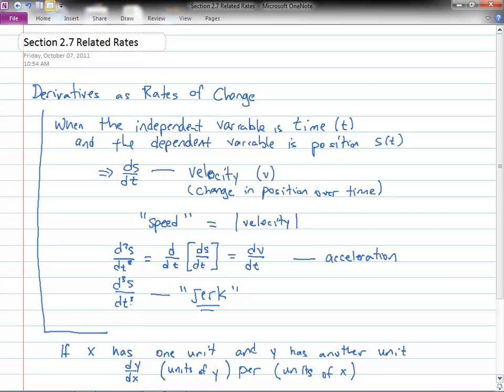So, for example, if your x was time, like minutes, and your y was gallons, then the derivative is gallons per minute. It's the rate at which something is happening.